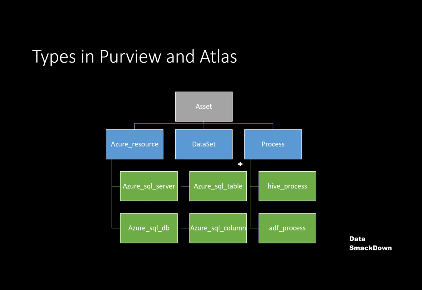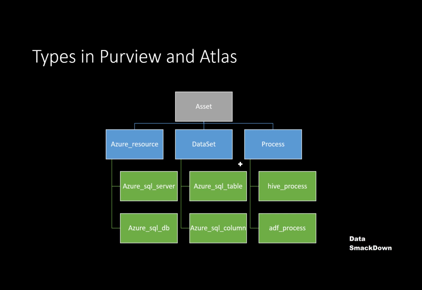So all of the attributes that an Azure resource has are going to be inherited by the Azure SQL DB. An Azure resource has things like the resource ID. It has, I believe, things like resource group in there as well, subscription ID. So it has more things specific to Azure. And an Azure SQL DB very much has those attributes, right? It has a resource ID.